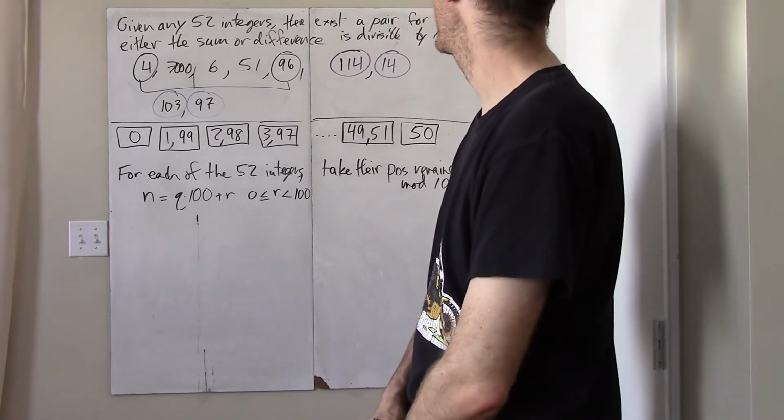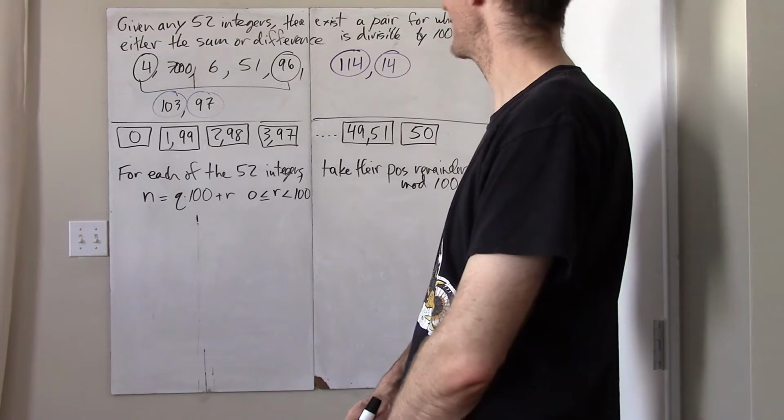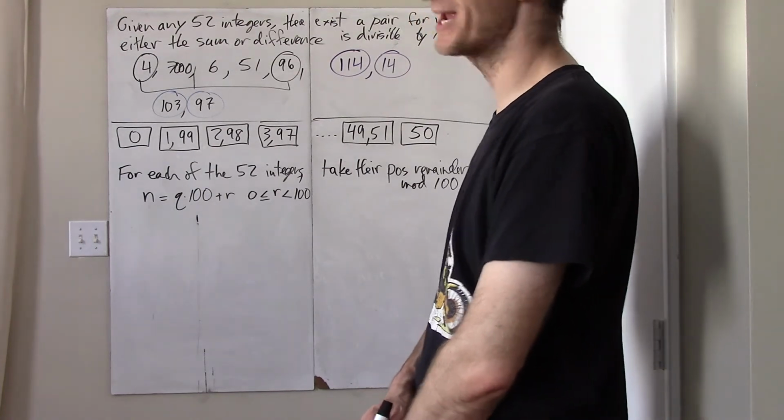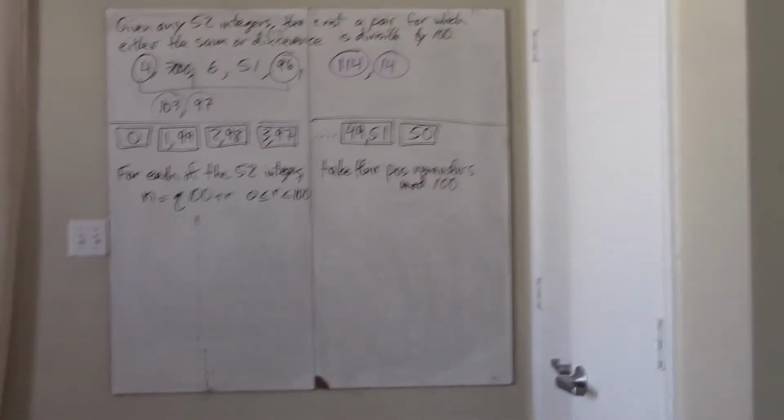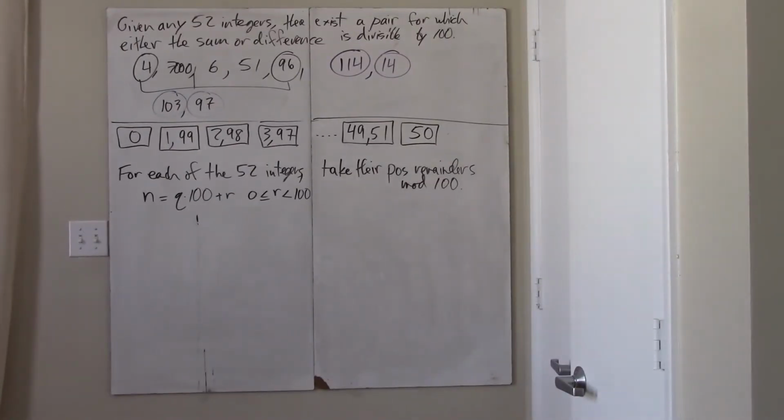Okay, so the remainder is always positive. And now, considering the remainders, because anything over 100 is just stupid, of course we want to focus on the remainders mod 100.